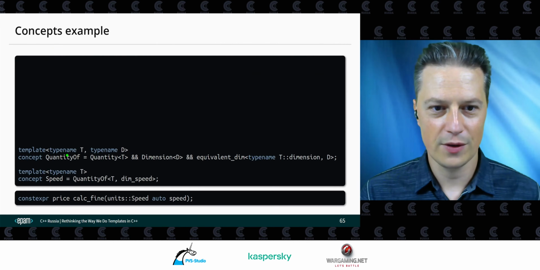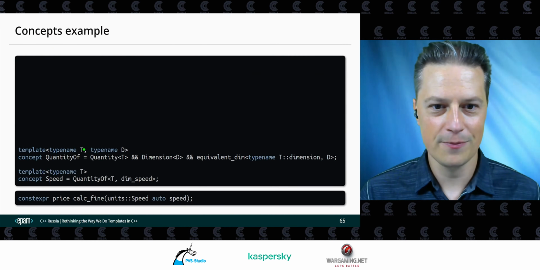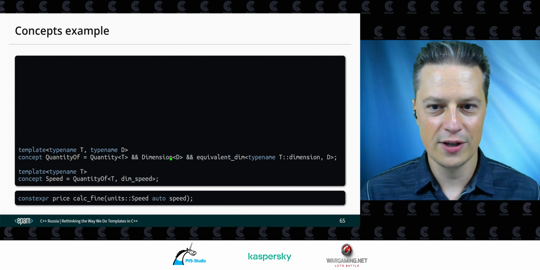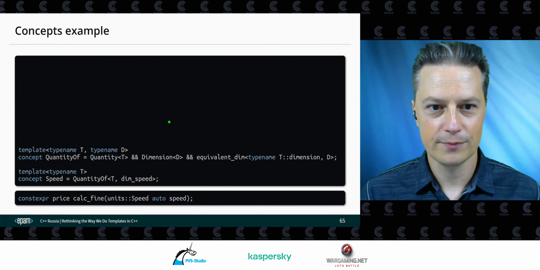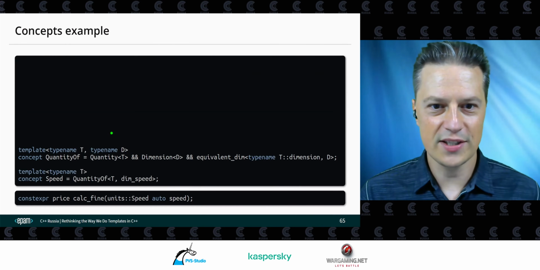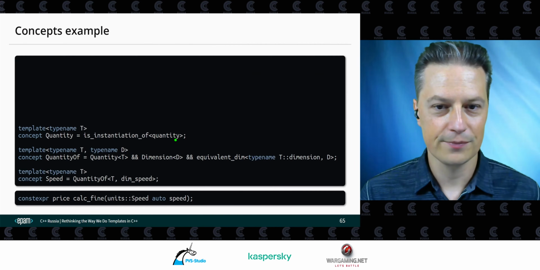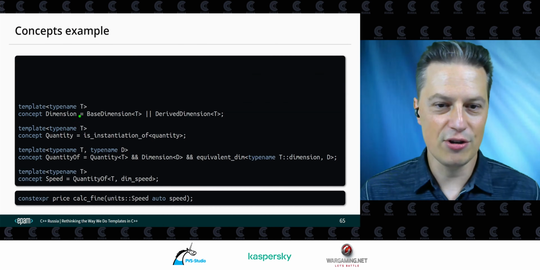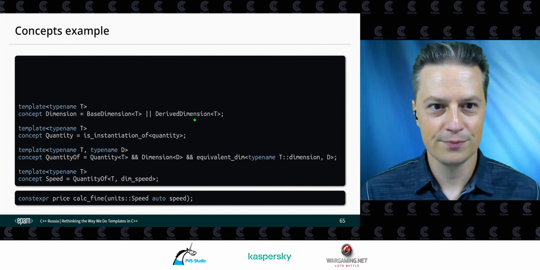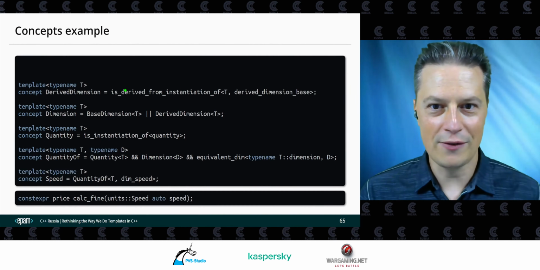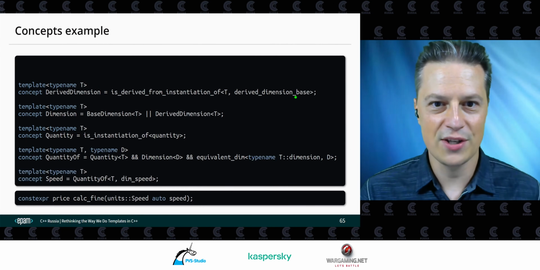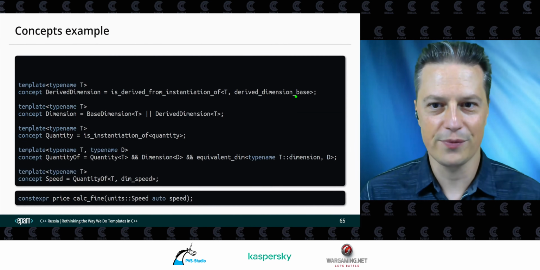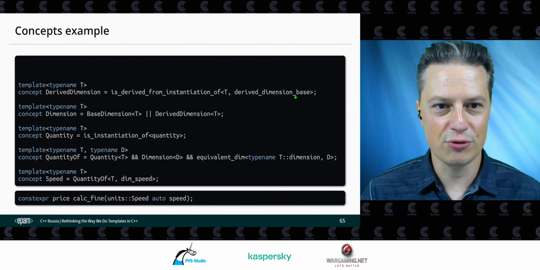Quantity of checks if type T is a quantity, if type D is a dimension, and checks if dimension of type T is equivalent to D. Quantity is an instantiation of quantity. Dimension is either a base dimension or derived dimension. Derived dimension is derived from instantiation of derived dimension base, so some base class that all dimensions are derived from to have the strong typing that you've seen.